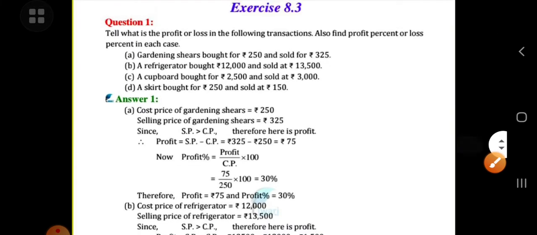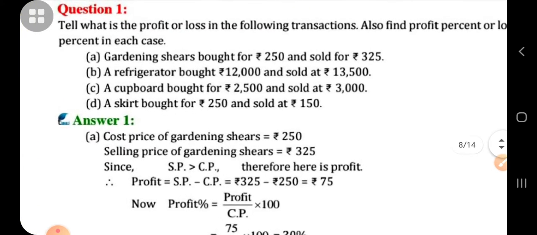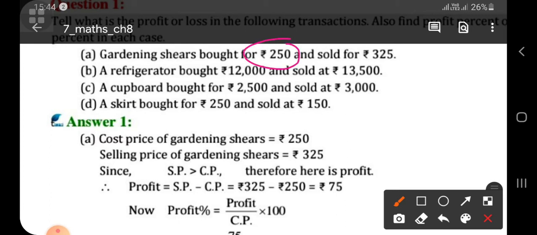And there is a formula to find out profit percent and loss percent. I'll explain it with the help of an example. First one, gardening shears bought for 250 rupees and sold for 325 rupees. This is the selling price, 325, and this is the cost price, 250.